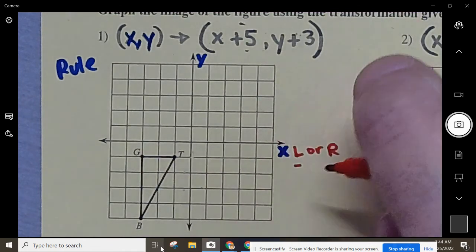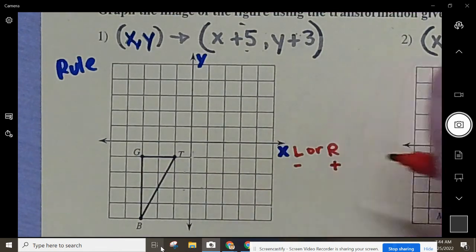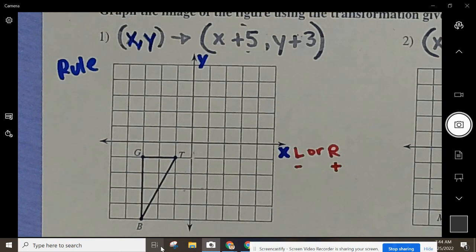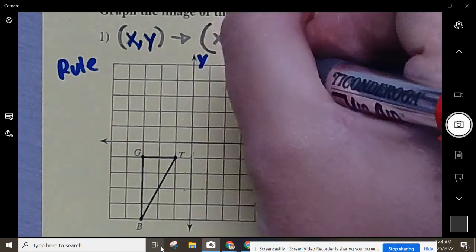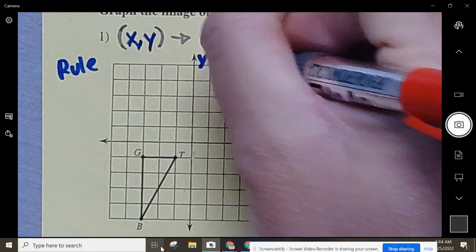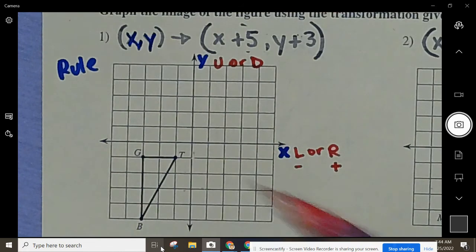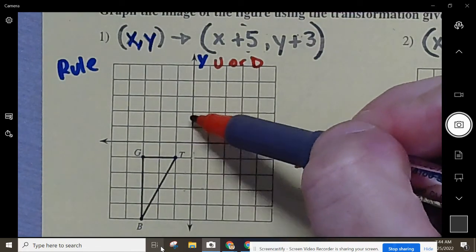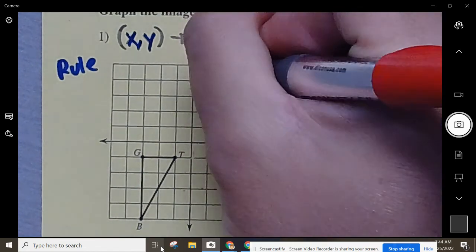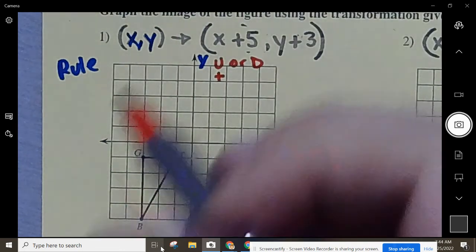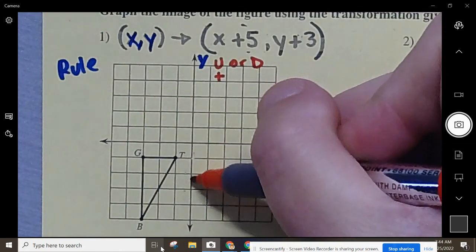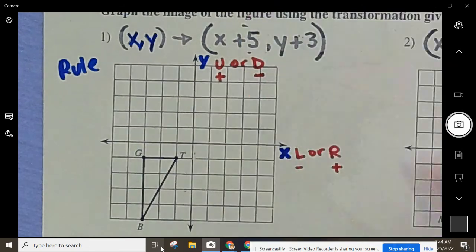So I would say that left is negative, the right's positive. These are almost like your notes for today, so pay attention. Now, the y-axis goes up or down. And this one's pretty simple too. Up would be +1, +2, +3. So we call ups positives. And downs would be -1, -2, -3. We call down negative. All right?